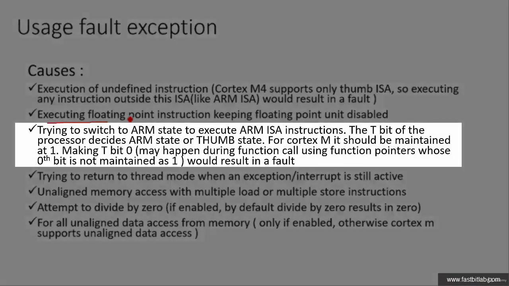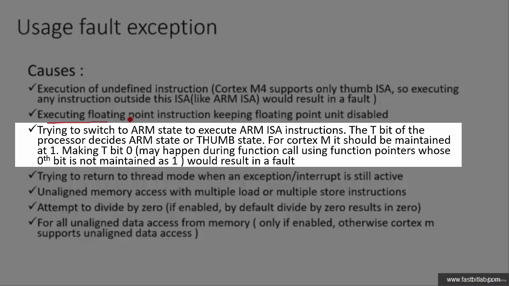After that, trying to switch to ARM state to execute ARM ISA instructions. The Cortex M processor doesn't support ARM state. It supports only Thumb state. The state is decided by the T bit of the processor. The T bit actually decides ARM state or Thumb state.